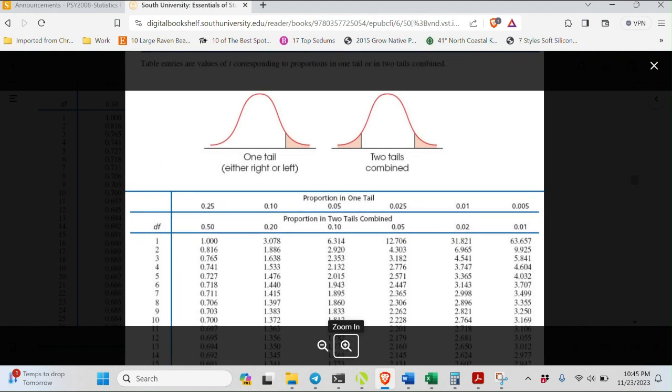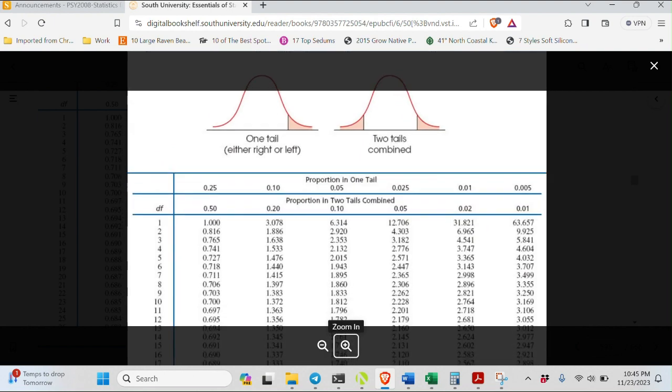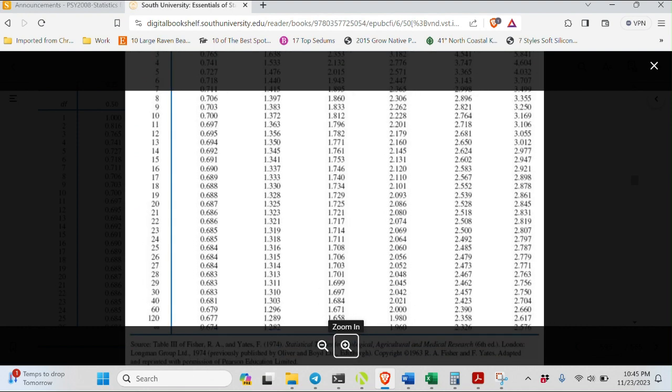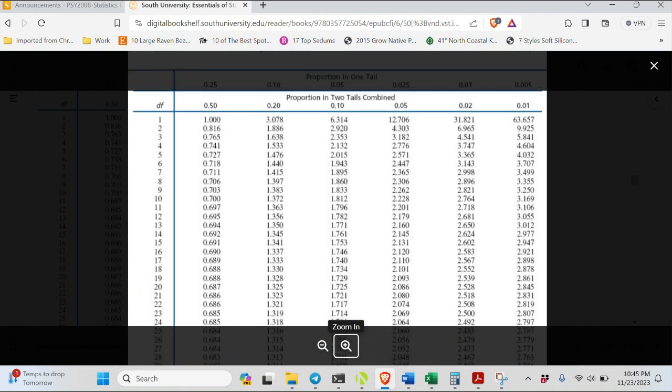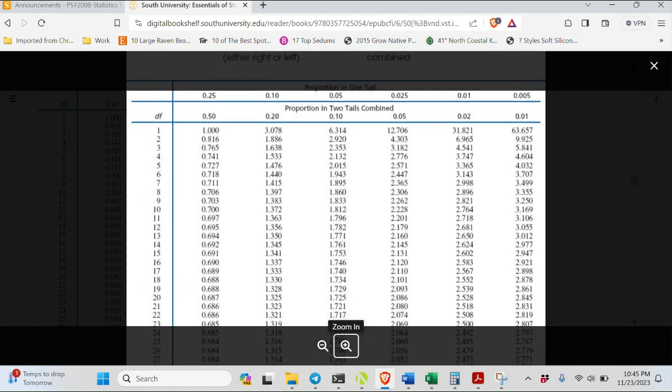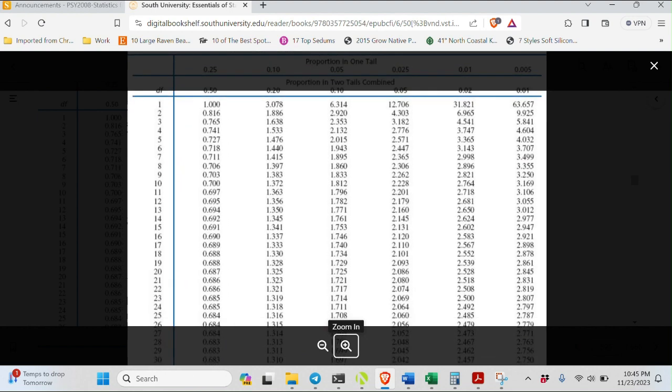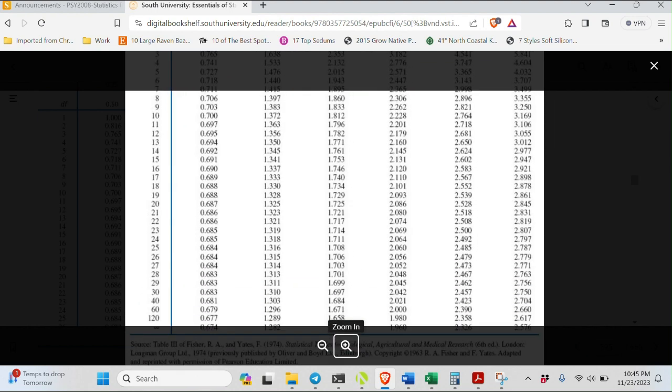You can see that we have degrees of freedom listed 1, 2, 3, 4, 5, and so on. But at 30, then it skips to 40 and it skips to 60.